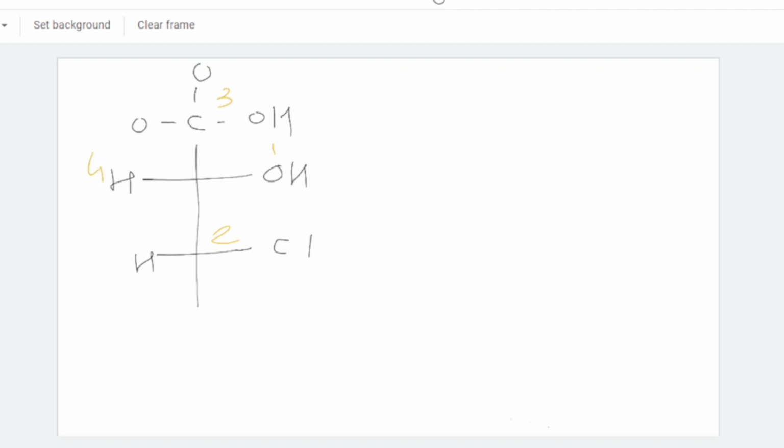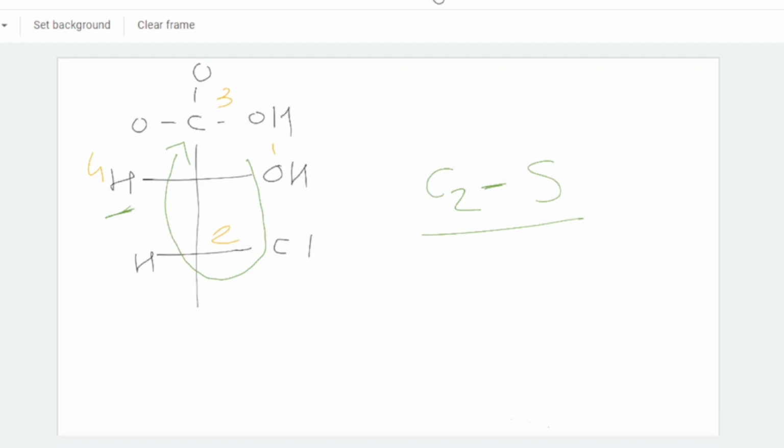So this order is like that. You can see it is clockwise direction and H is on horizontal line. So according to the rule, the clockwise direction and H is on horizontal line, so the C2 will be S configuration. Okay, I hope you understand C2 is S.